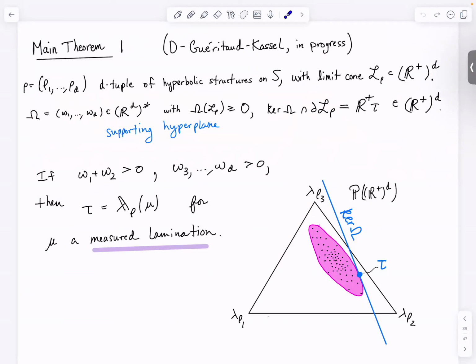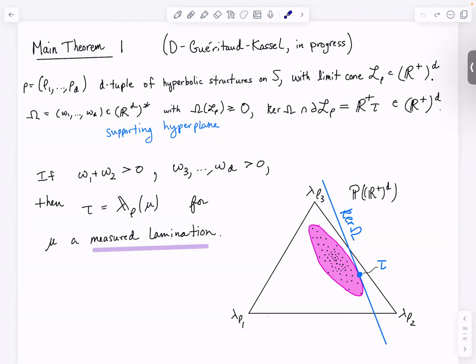Again, joint with François Guéritaud and Fanny Kassel, we show that if you have a d-tuple of hyperbolic structures on S, whose limit cone, this pink cone, is denoted L, and you have some supporting hyperplane to the boundary of this cone, call it omega, which intersects the boundary at one point, or one ray, call that ray tau, then if this condition holds, namely omega 1 plus omega 2 is positive and the rest of the omegas are positive, then it turns out that this tau, this point on the boundary of the cone, is realized by some measured lamination.